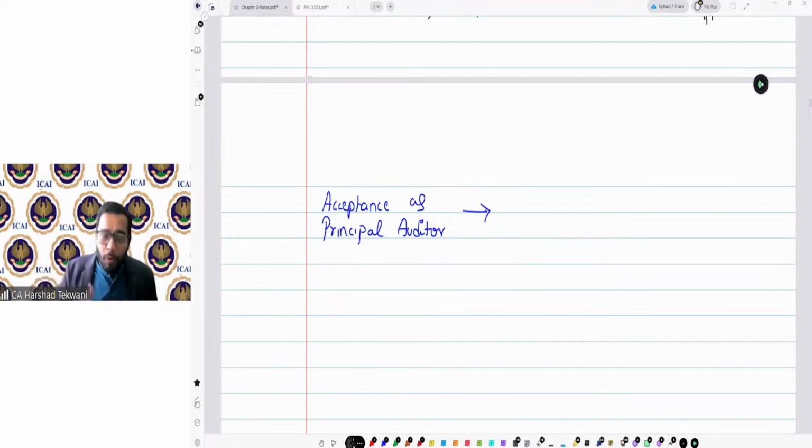Means if he only participates in the audit, whether he is still auditing the majority of the portion.